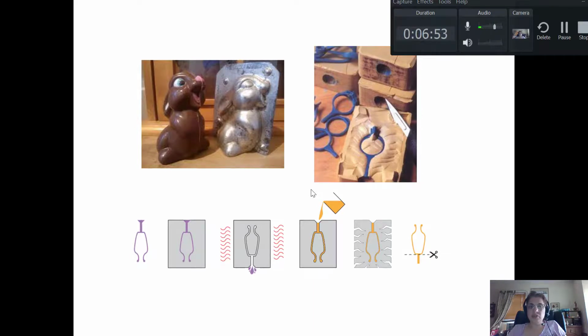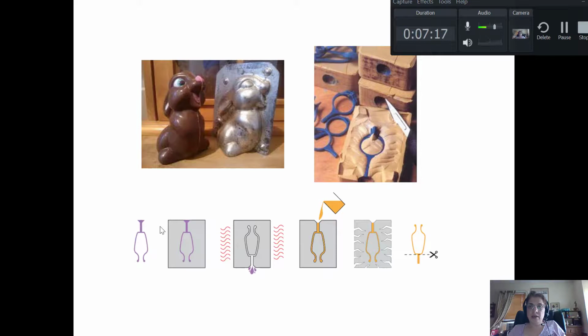What you're going to do is have a special material that you're making your mold out of. So first you would make a clay replica of what you want to make, and from that you make a mold by putting the mold material around the object you've made out of clay.